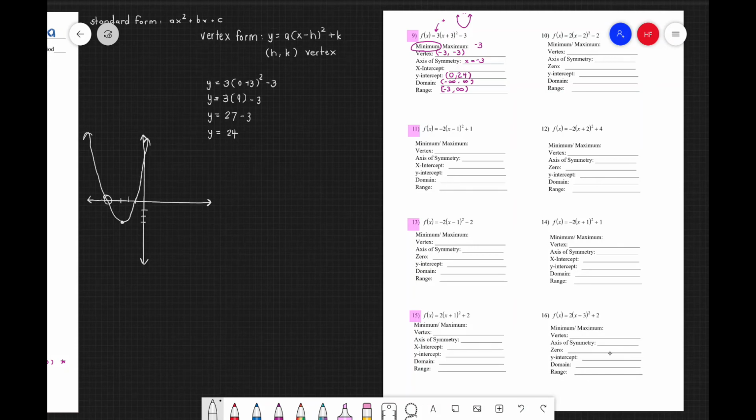So it will cross the x-axis. So I need to find my x-intercepts. So 0 equals 3(x plus 3) squared minus 3.